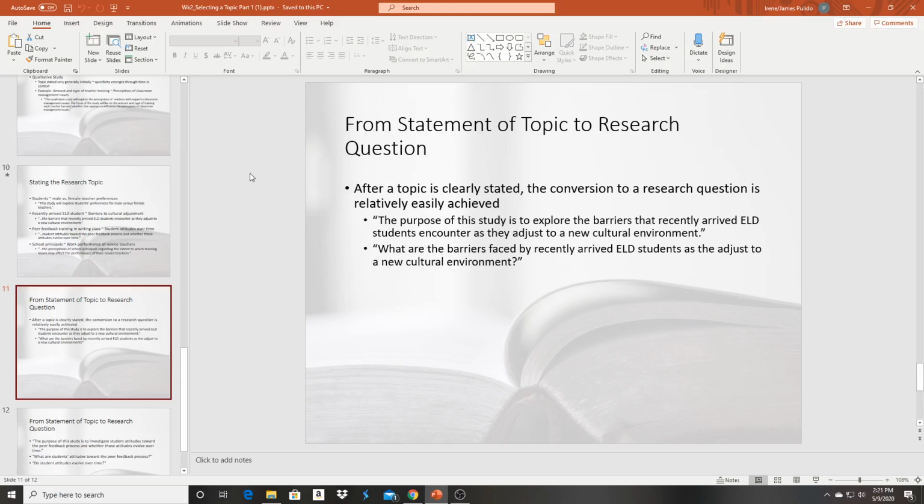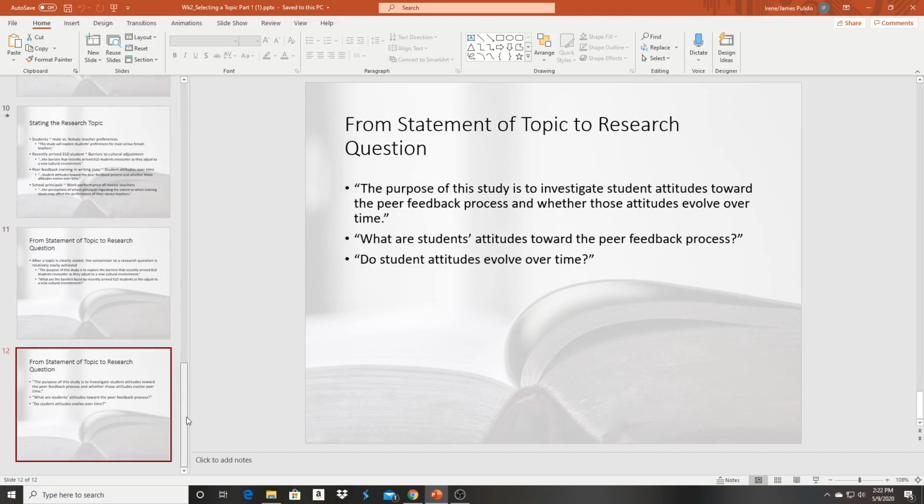The variable could be school achievement or profits in a business. And then write the purpose of the study: to investigate attitudes towards peer feedback, and what are their attitudes for feedback, and do attitudes evolve over time? Those are all different questions that you can get out of your topic.